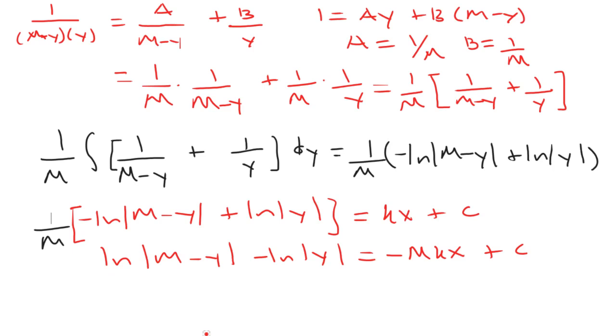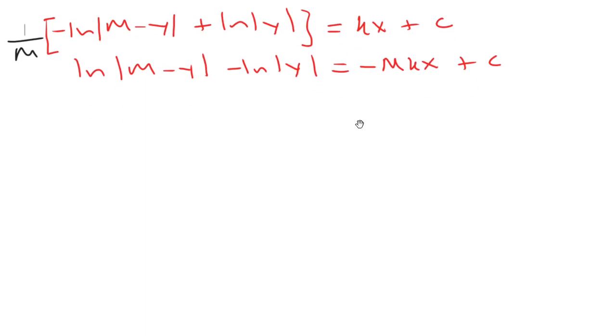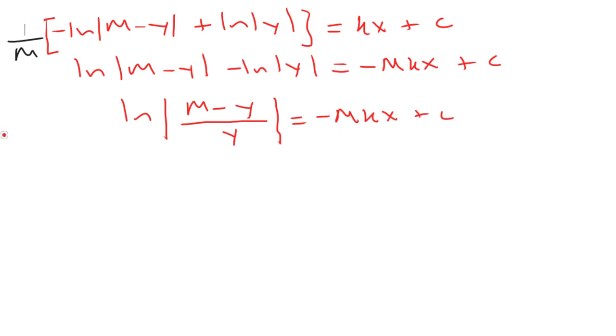Okay, now the next step is that this becomes the natural log of m minus y, all divided by the y variable, and this equals, as we said, negative mkx plus c.